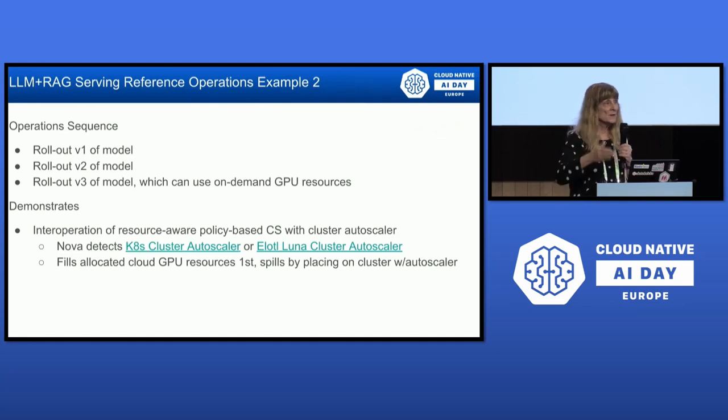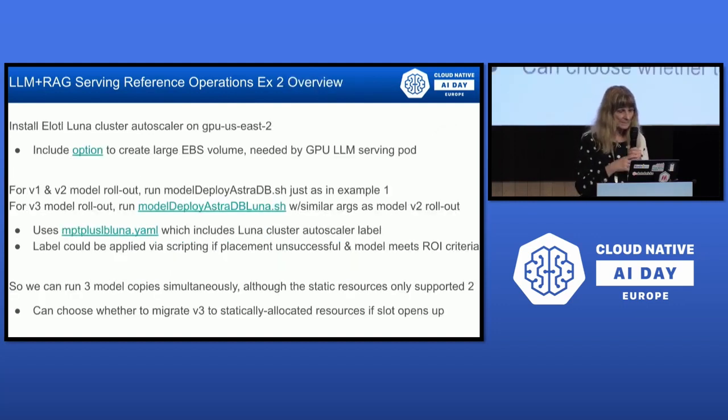So if it can't find static resources to handle the workload that it wants to deploy, it sends the workload to a workload cluster that has an autoscaler, with the idea that the autoscaler will be able to handle the workload. So here we set up the Luna cluster autoscaler in one of the 2 GPU clusters, and model V1 and model V2 are both done just as you previously saw.